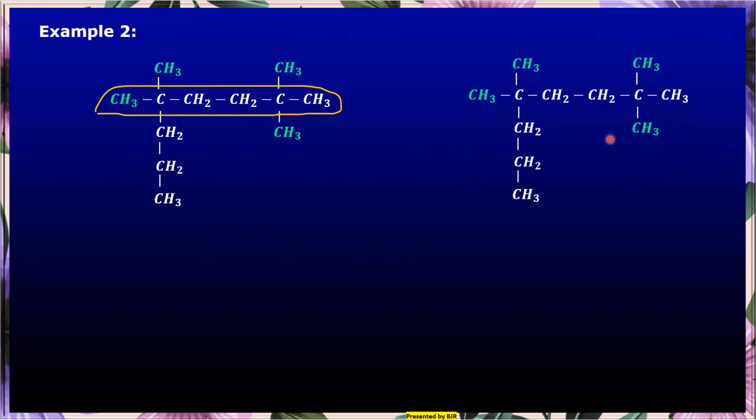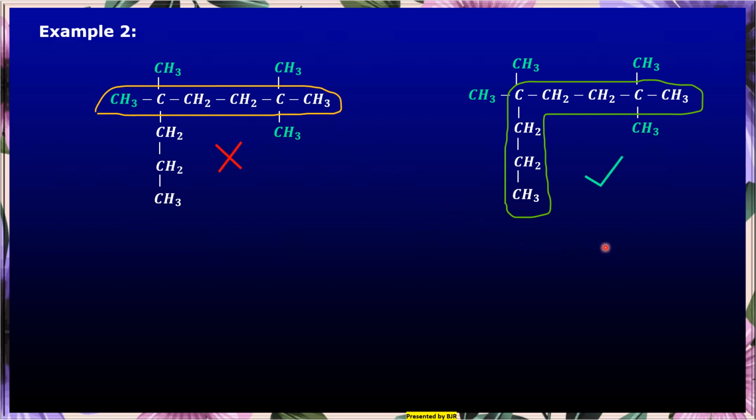Instead, if I select this as the parent chain, then it contains 1, 2, 3, 4, 5, 6, 7, 8 carbon atoms. So this is the wrong selection of parent chain.